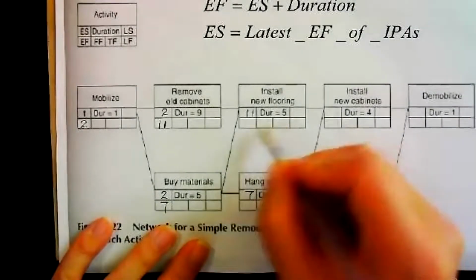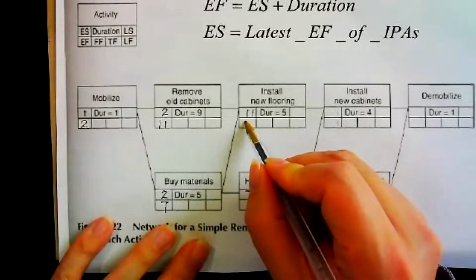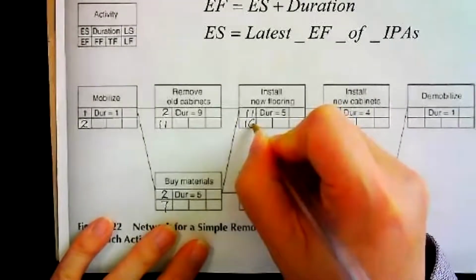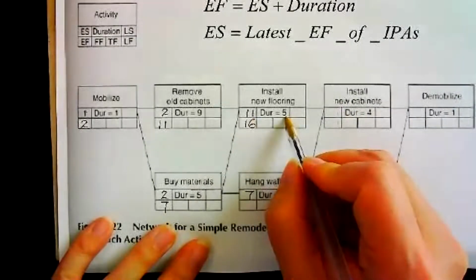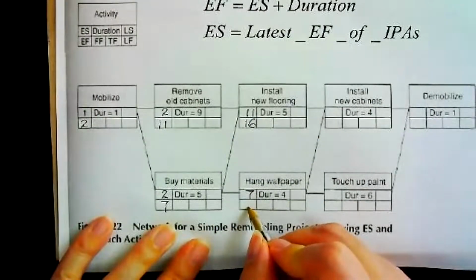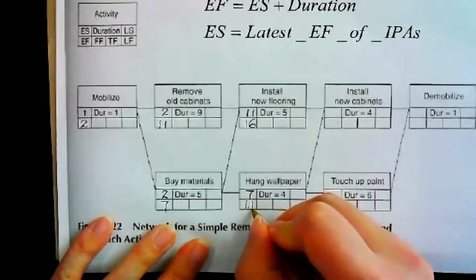Okay. So here, what number should I put? 16. 11 plus 5 is 16. What about here? 11. 7 plus 4 is 11.